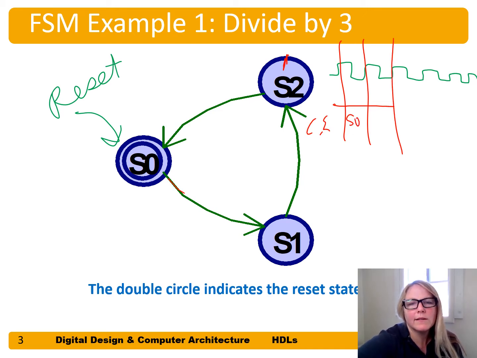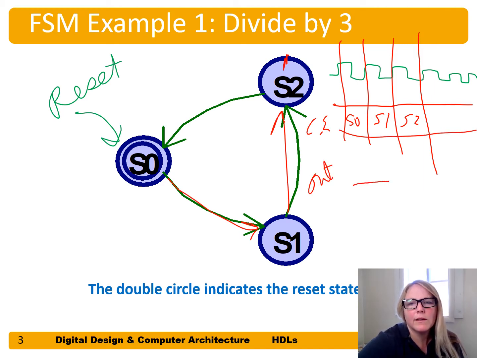Now it transitions at the clock edge to the next state, S1, and at the next clock edge, it transitions to S2. Here's our output: our output is 0, 0. These are our states. Our output is 1 in S2.